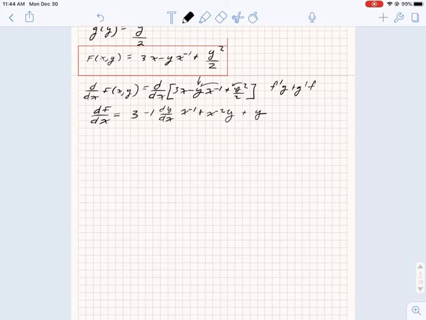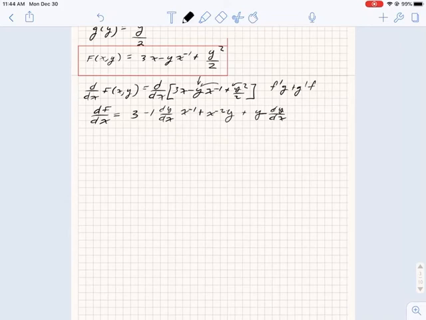So this will be minus 1 dy over dx, and then we copy down x to the negative 1, and then we should have a dy over dx right here.